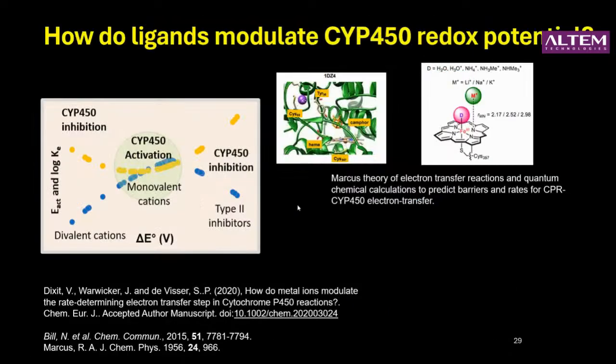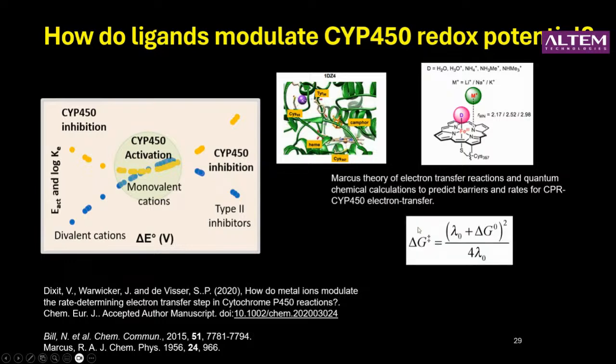So therefore, we have been interested in these electron transport processes and rates, and we have tried to understand how different types of ligands, whether they are small molecules or even metal atoms, affect the cytochrome P450 inhibition. So we have used the very famous Marcus electron transfer theory, which allows you to calculate the reorganization energies and the free energies of the metabolic reactions and electron transfer steps.